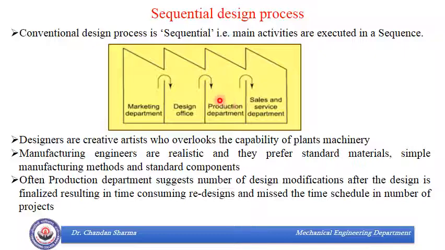If there is no liaison between these two, whatever design is proposed by this office may be rejected by the production department, since the process desired by the design office is not available at the shop floor. So often the production department suggests a number of modifications after the design is finalized, resulting in time consuming redesigns and missed time schedules in a number of projects.